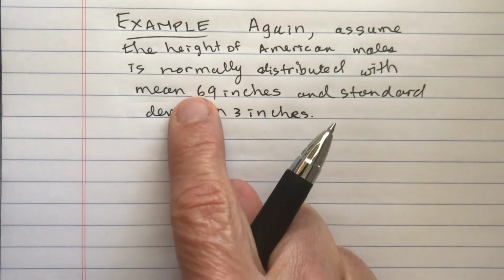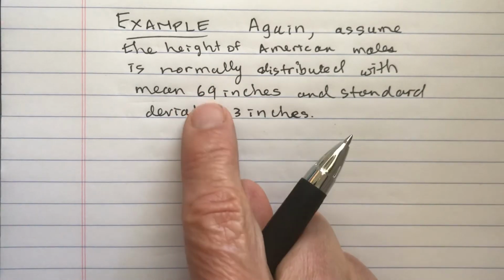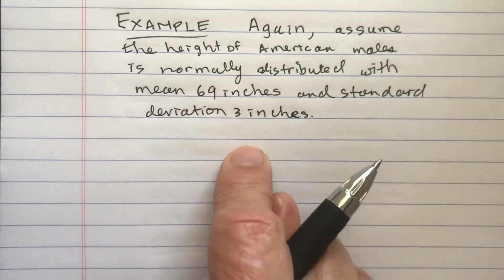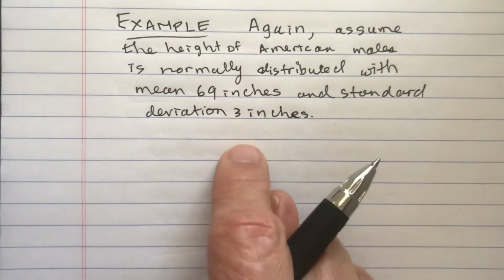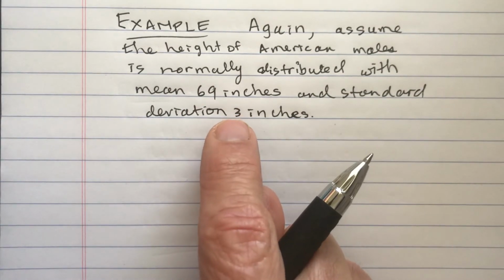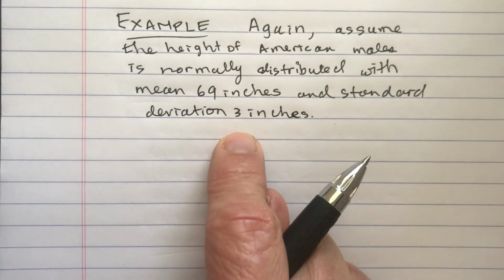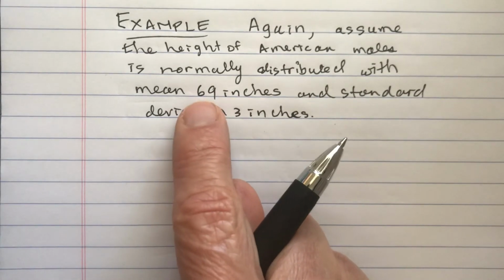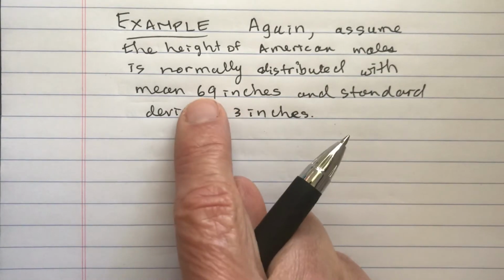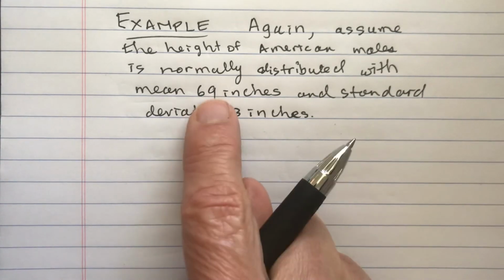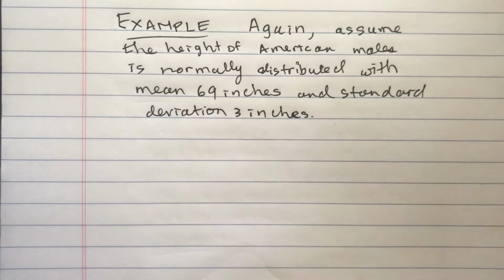Within that range of one standard deviation, 66 to 72 inches, the empirical rule says that's 68% of the population. That's an application of the importance of the standard deviation, showing how spread out the data is.